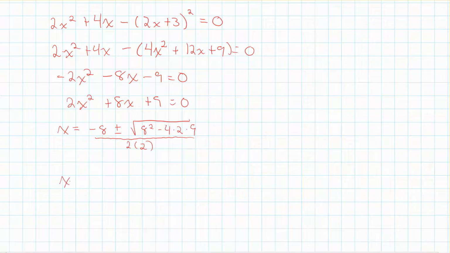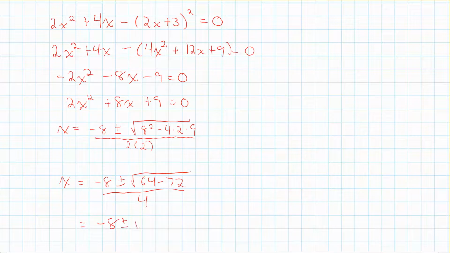And so x would equal negative 8 plus or minus the square root of 64 minus 72 over 4, which is equal to negative 8 plus or minus the square root of negative 8 over 4.